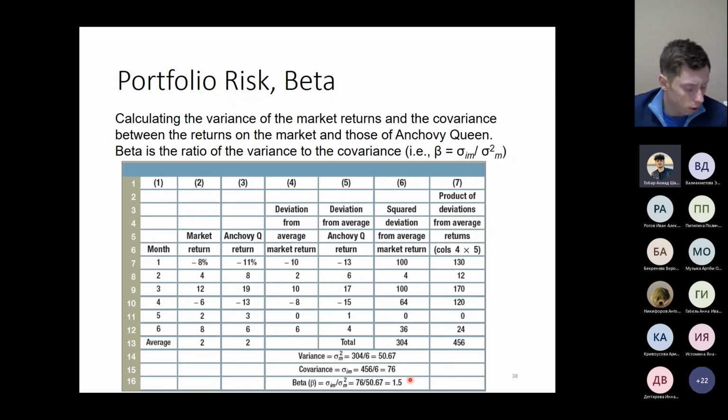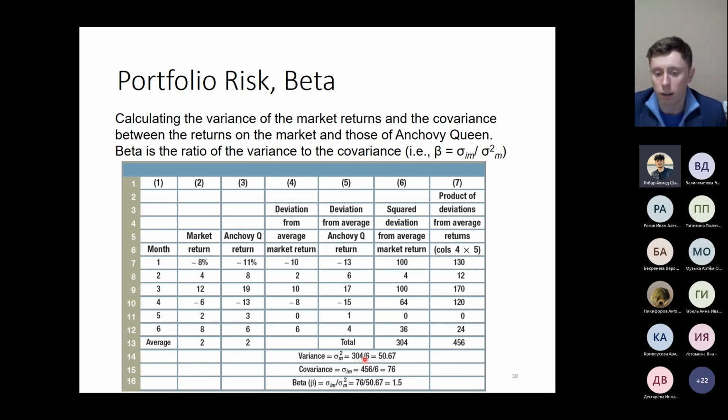A final remark: when you do it in Excel, there are different formulas for the variance and the covariance. There is the one for the sample and the one for the population. For the sample, instead of the number of observations, we would divide by n-1. But in finance, we do not need to do this.